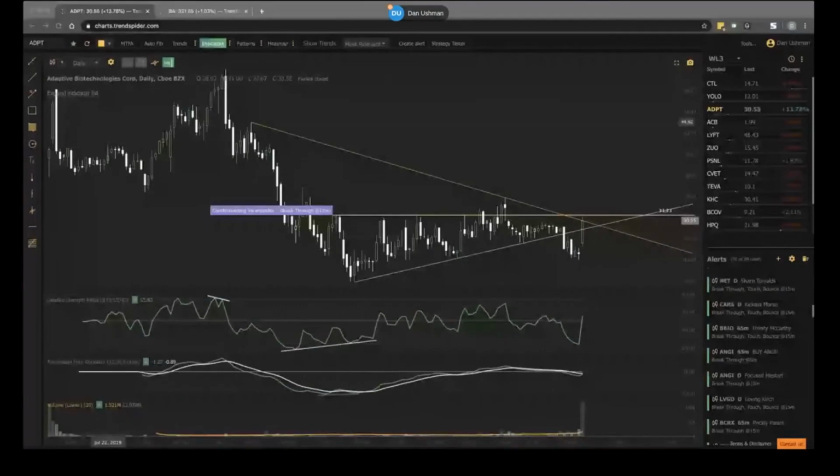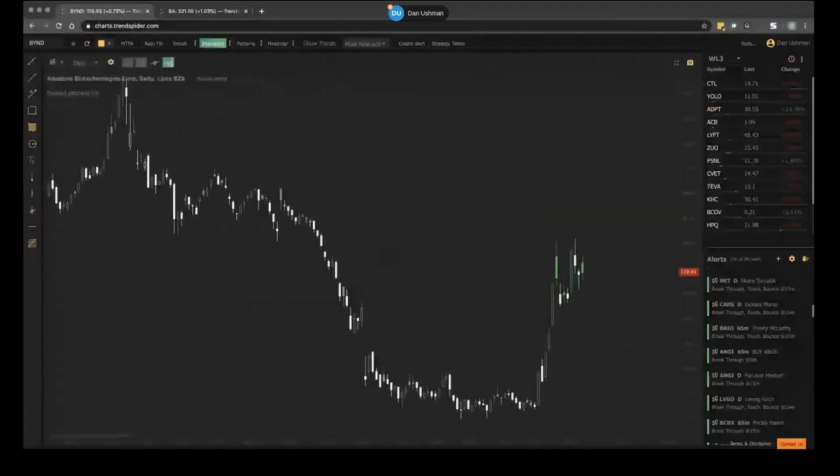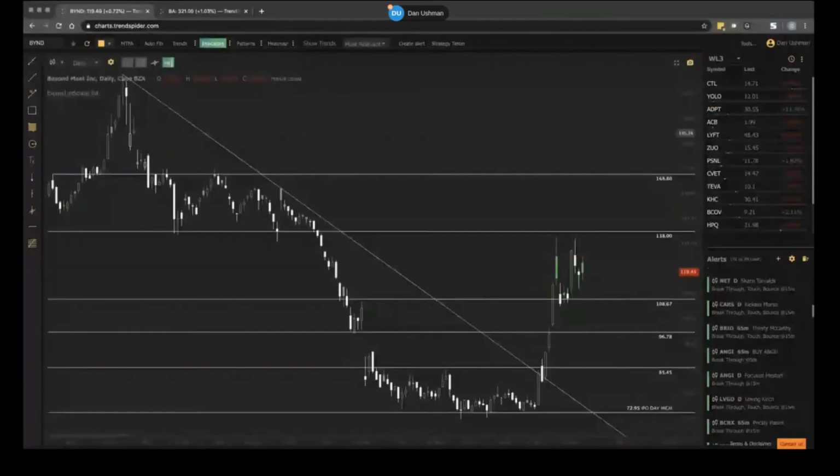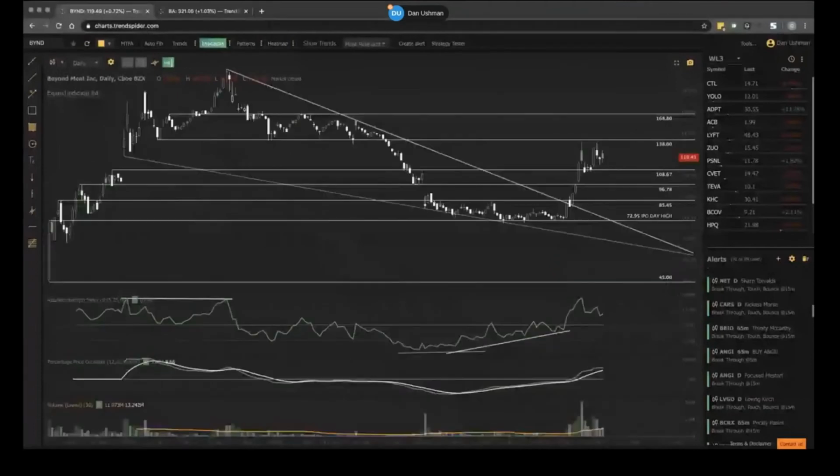So let's see, we got a few requests here. We'll pull up Beyond. And if you want to share a little bit about the scanner and the conditions you sometimes look for, Dan. Yeah, I'll definitely show you guys the scanner. I'll take these four symbols: Beyond, Roku, Snap, and CTSO, and then I'll pop into the scanner and show you guys that, because the scanner is one of the coolest things we've built in a long, long time.